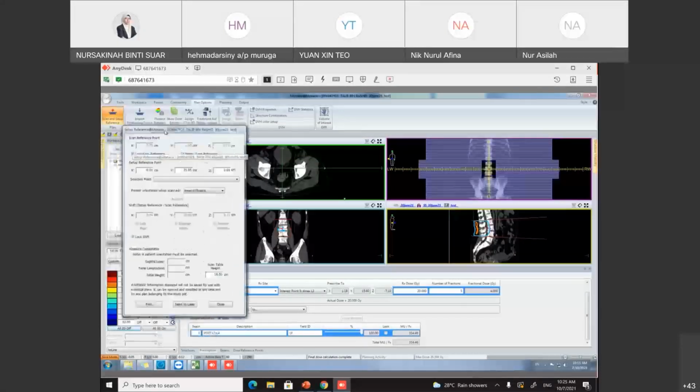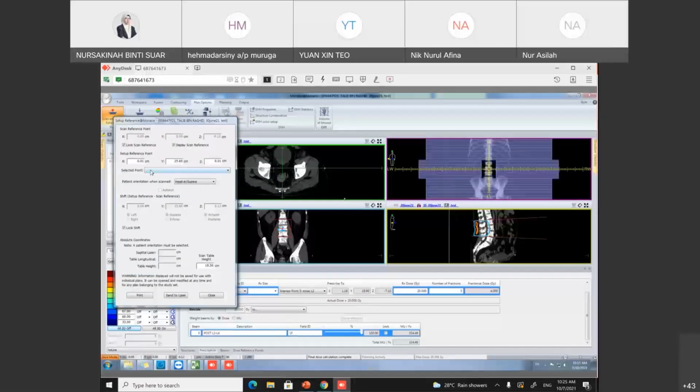For the system, we can generate this from this tab. Just now we already logged the scan reference, which means our origin. Here we need to select plan isocenter, which is this red point.